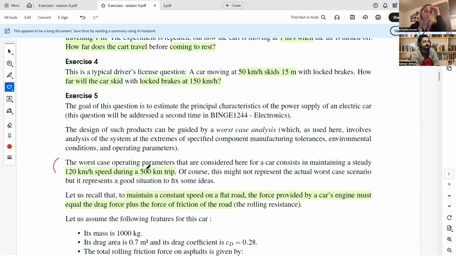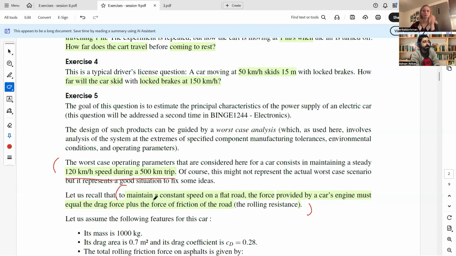The worst case operating parameters that are considered here for a car consist in maintaining a steady 120 km per hour speed during a 500 km trip. Of course, this might not represent the actual worst case scenario, but it represents a good situation to fix some ideas.